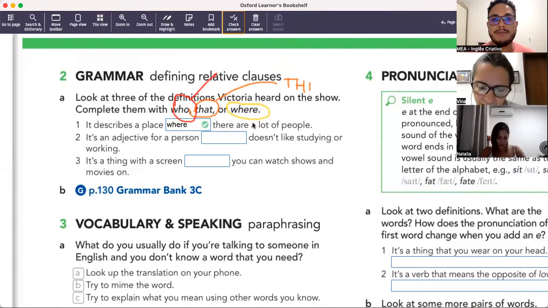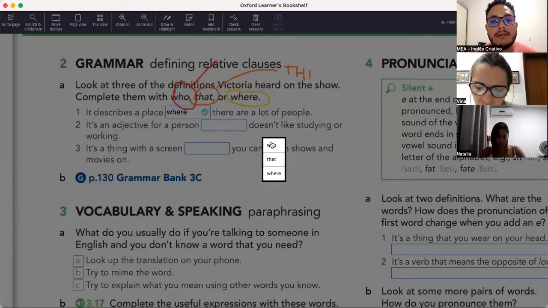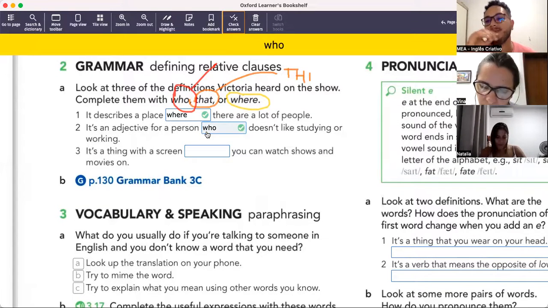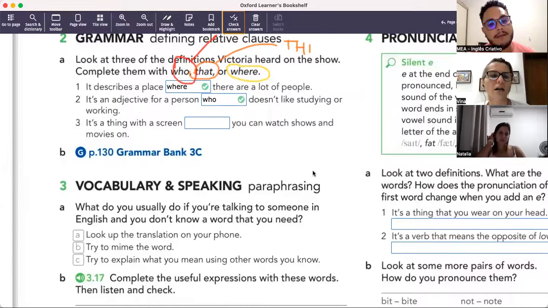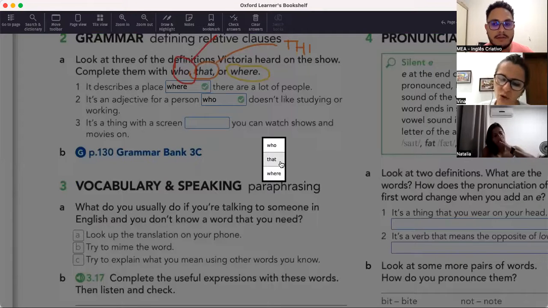I'm going to read everything. It's an adjective for a person who doesn't like studying or working. Okay, yes. Who, because you're talking about a person, yes? The last one, Vina. It's a thing with a screen that you can watch shows and movies on.